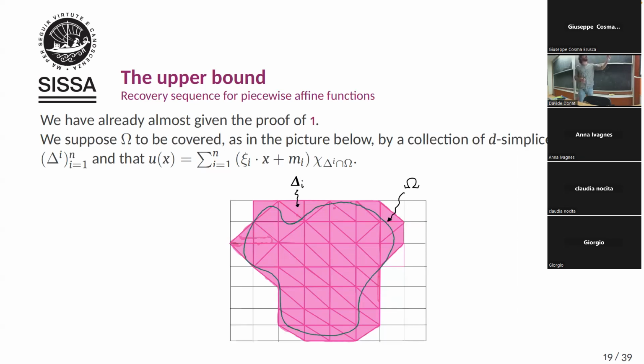So on any simplex, we will perturb our psi_i times x plus this constant with a periodic function given by the minimization of the auxiliary problem. The only thing that we have to be careful about is that we need to then glue together back the pieces in such a way that it is continuous. Because a piecewise affine function in W^{1,2} has to be continuous in order to be in W^{1,2}.